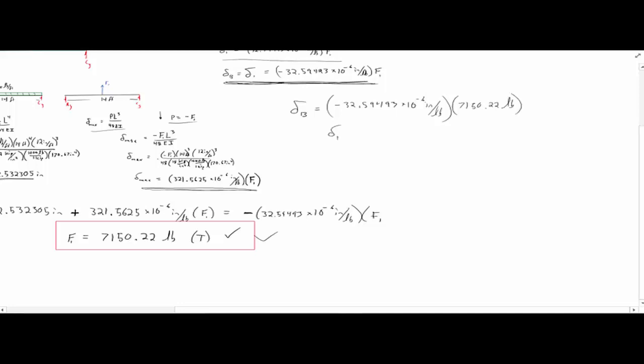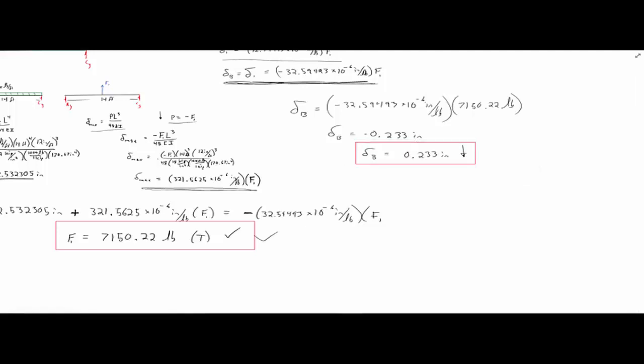And our deflection at B then should equal 0.233 inches. And it's a negative, right? But we can just say that the deflection at B equals 0.233 inches going down. And this is the answer for part C.